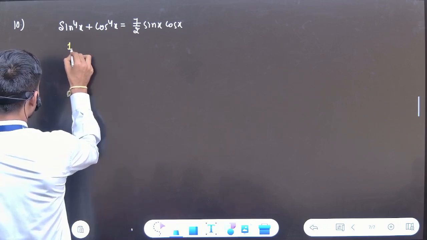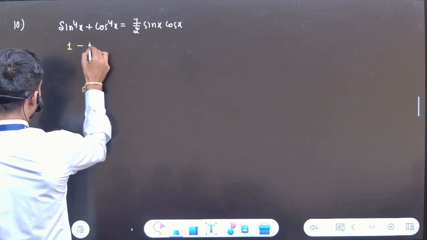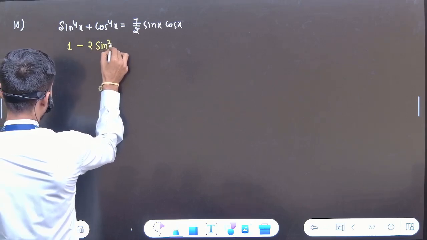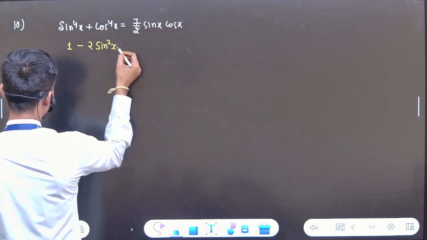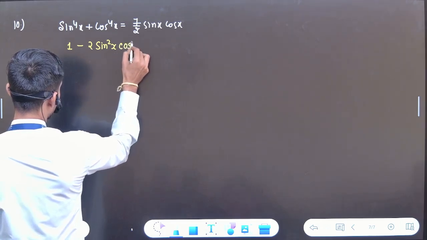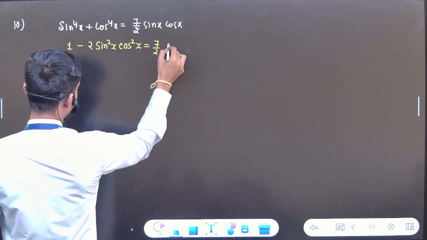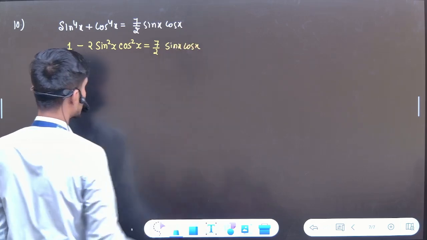Vivek will say: 1 minus 2 sin^2 x, plus... what? cos^2 x is equal to 7/2 sin x cos x.